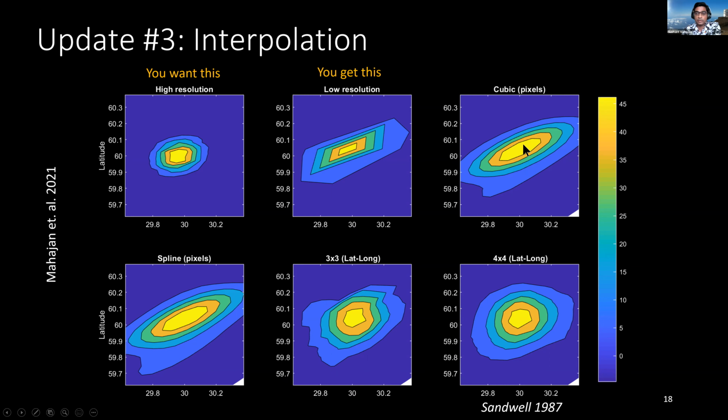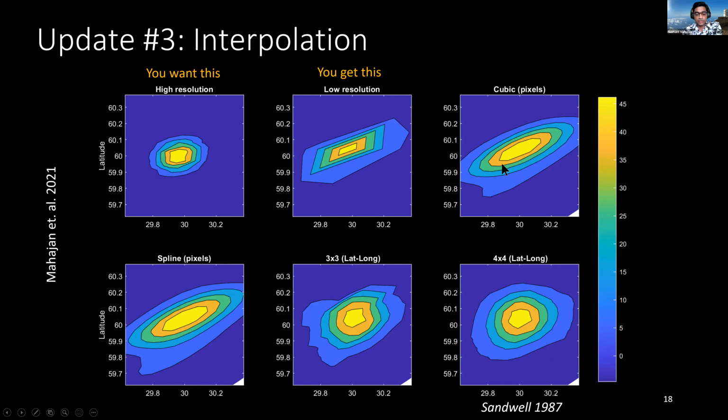If you use a simple cubic interpolation over image pixels, where each pixel is not equidistant on the surface of the sun because the sun is curved, you end up with a feature that's stretched in a direction away from this center.